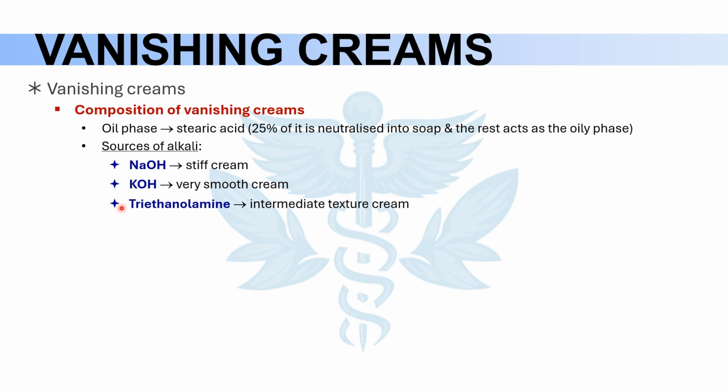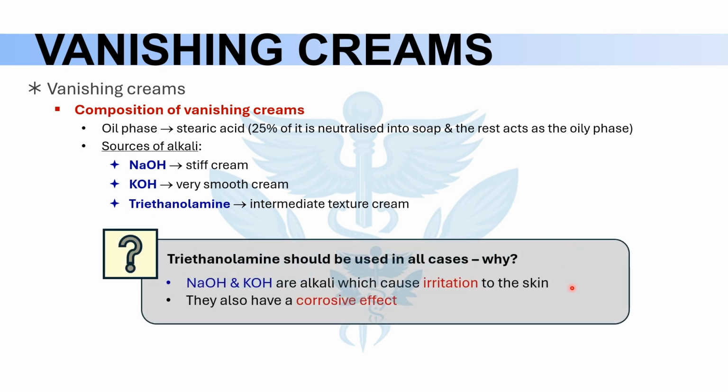And if we add triethanolamine, we will obtain an intermediate texture. And as a pharmacist, we prefer to use triethanolamine because sodium hydroxide and potassium hydroxide, so our hydroxides, cause irritation to the skin and they have a corrosive effect, whereas triethanolamine does not have these adverse effects.